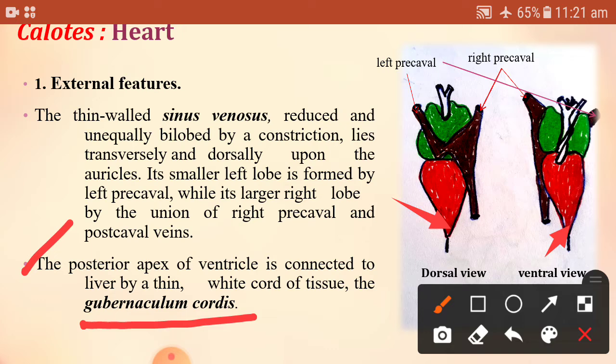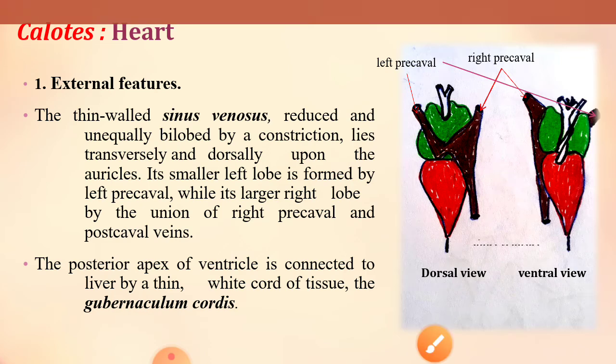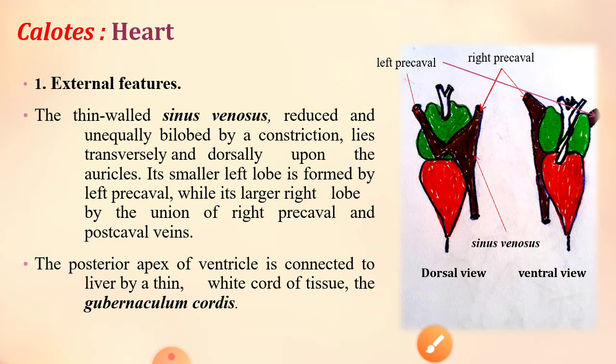The gubernaculum cordis is a particular cord-like structure which connects the ventricle to the liver. With the help of this gubernaculum cordis, the ventricle part of the heart is connected with the liver.